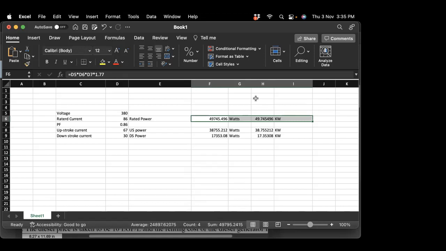So let's assume now this pump is working 24/7. So simply speaking, all the time, the pump is working.